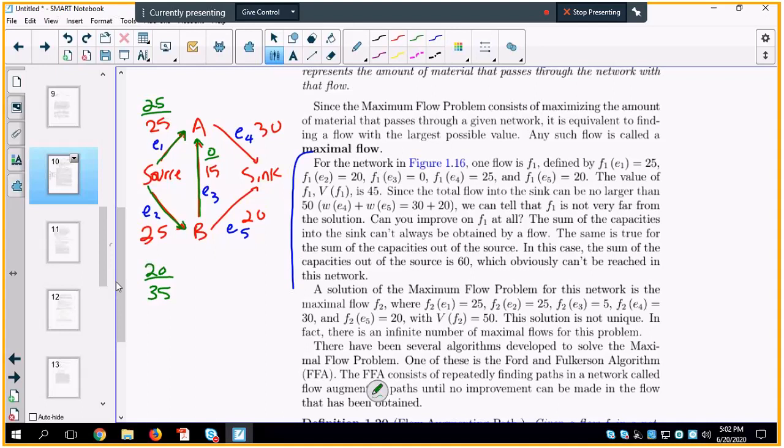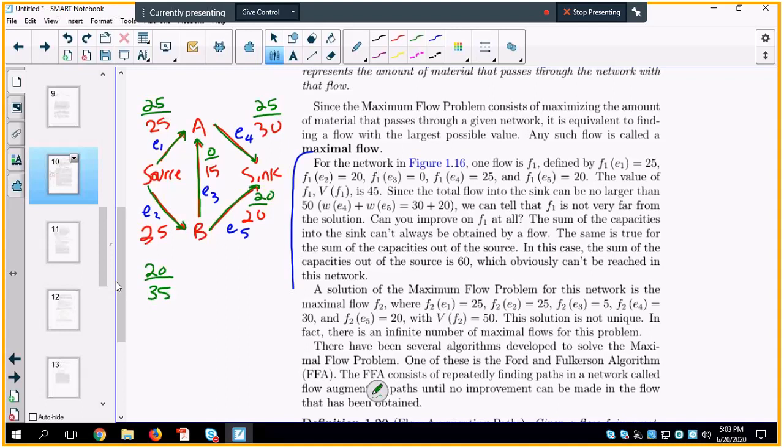F1 of E4, well, if we look at what's coming down the pipes through A, there's 25. So it makes sense that this should be 25 in order to be a valid flow. And again, on this side, what's coming down the pipes through B is 20. So it makes sense that this should be 20.